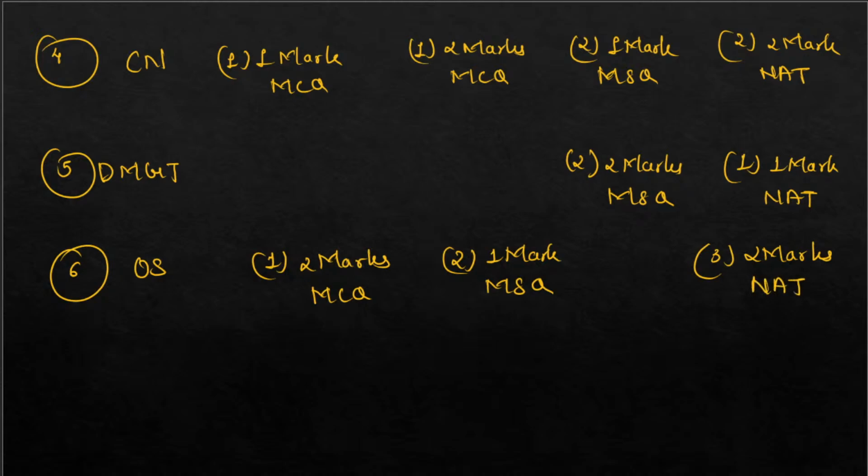And in algorithms, in almost every type 1 question was asked, just one MSQ type is left.